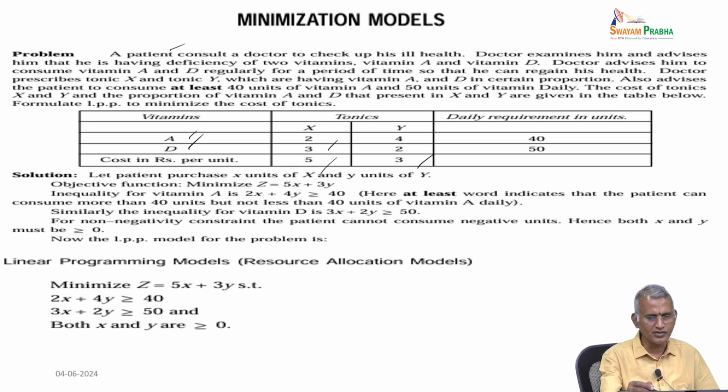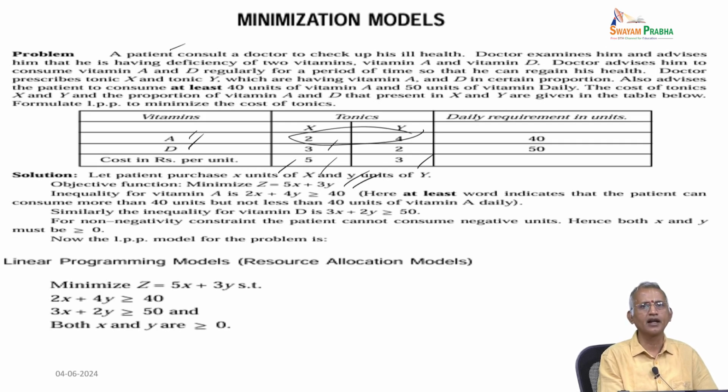Let the patient purchase x units of tonic X and y units of tonic Y. So, the objective function is Z equals 5x plus 3y based on the cost. They asked to minimize the cost, therefore minimum Z equals 5x plus 3y. Now, for vitamin A, we have 2x plus 4y as the first expression, and the daily requirement is 40.